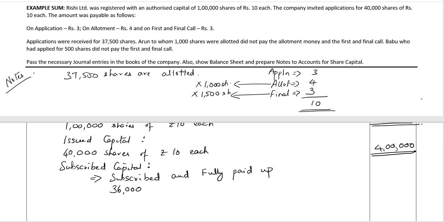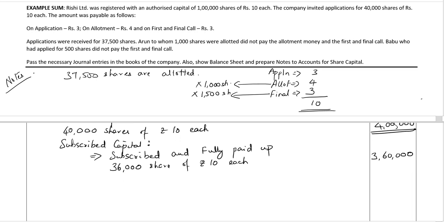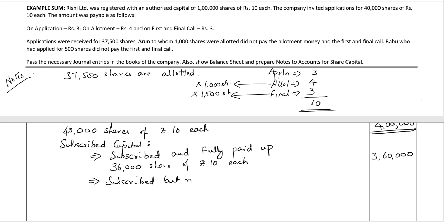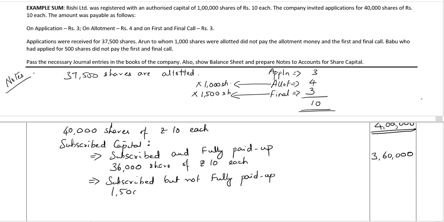36,000 shares of rupees 10 each. The outer column, 3,60,000 rupees. Subscribed but not fully paid up, we have 1,000 shares of Arun and 500 shares of Babu, where though the full amount has been called, they haven't paid the full amount.